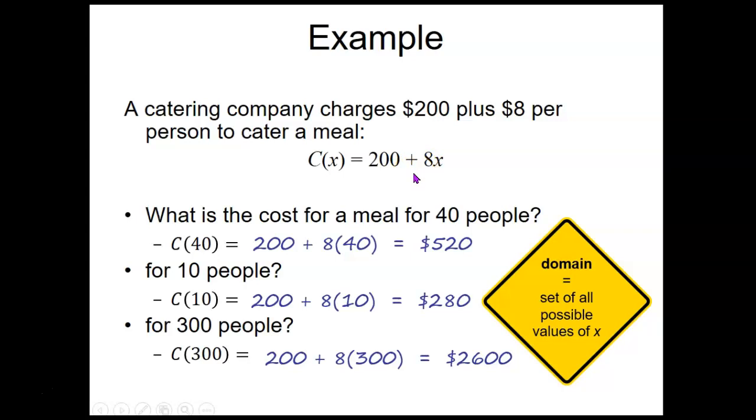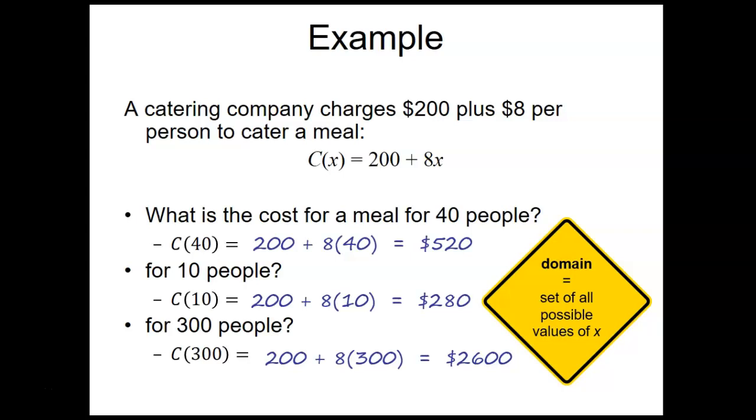But from a practical standpoint, if x stands for how many people are at this meal, there are certain possibilities that don't make sense for that. It probably doesn't make sense for x to be a negative number, or for x to be a fraction. Like we're talking about a meal for 16.25 people. And there may be some upper limit on the number of people that they can cater a meal for.